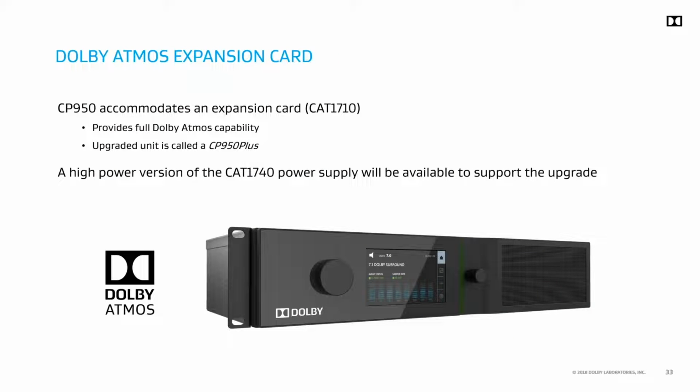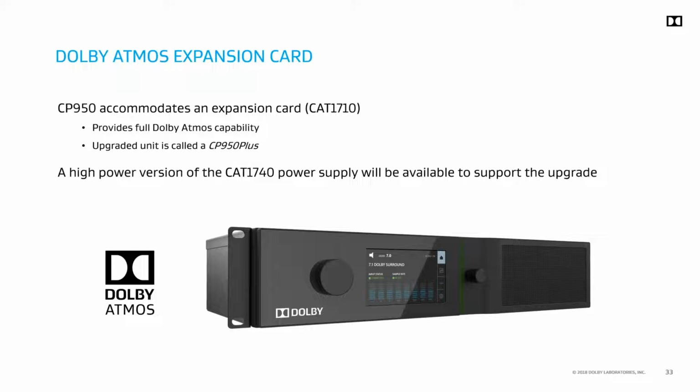As we mentioned earlier, the CP950 has been designed to accommodate the CAT1710 expansion card for future upgradability to Dolby Atmos. This upgraded hardware will be called the CP950 Plus.